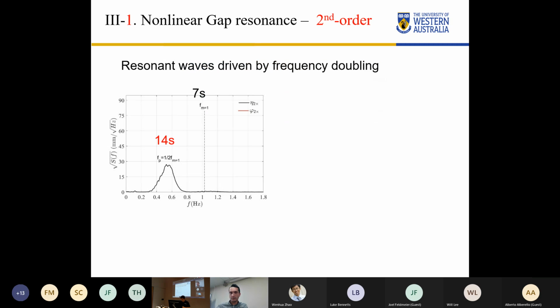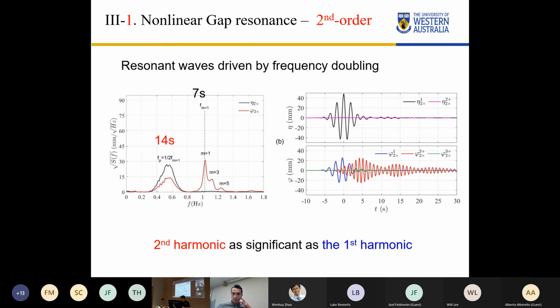So now I'm gonna show you the results. So from the left-hand side, that is the black curve is the incident wave, and the red curve is the power spectrum of the response. You can see we have significant responses at the natural frequency for the gap resonance.